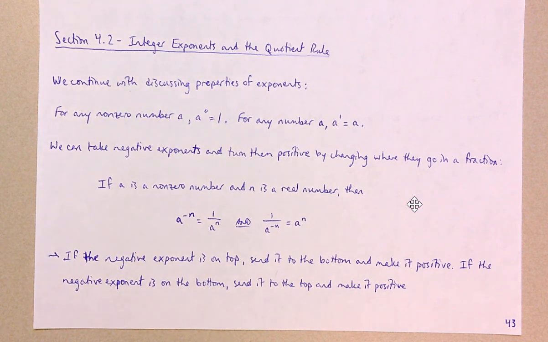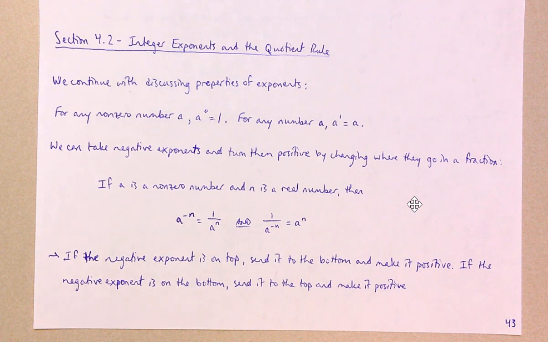If a is a non-zero number, you'll see why it can't be 0 shortly, and n is a real number, we'll be focused on integers, but it can be any real number whatsoever, then a to the power of minus n is equal to 1 over a raised to the power of n. And similarly, 1 over a to the power minus n is the same thing as a to the power n.